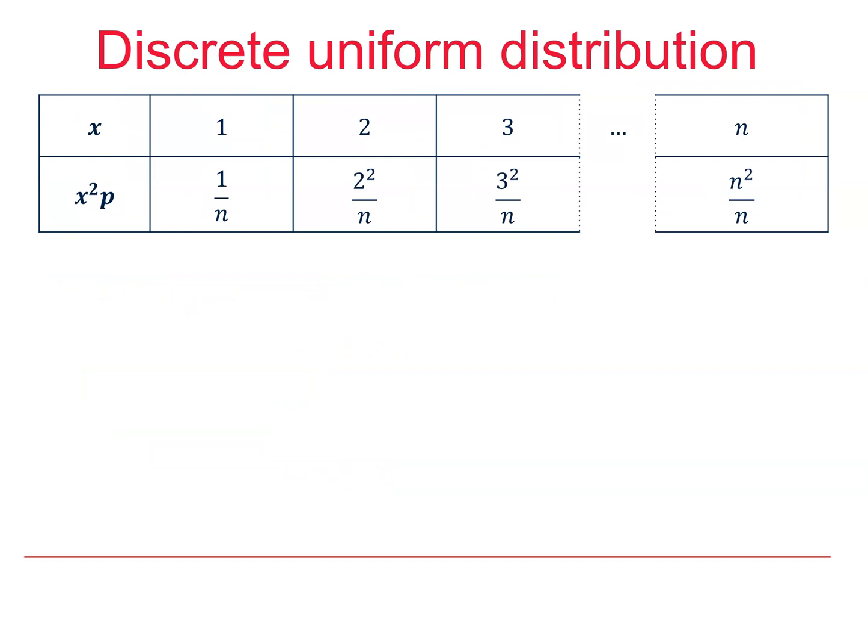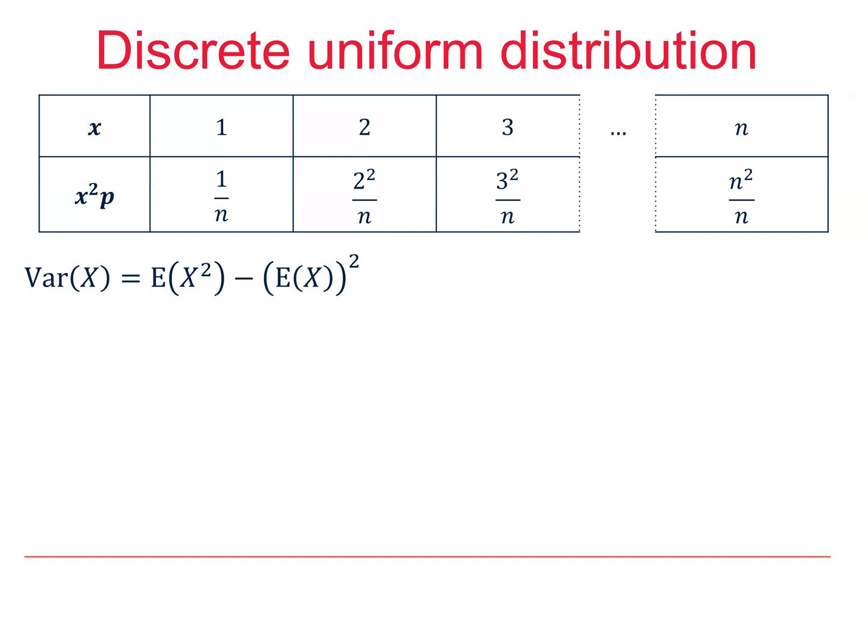Again, finding the variance is a useful exercise in summing series, so if you haven't already done so, you may want to pause the video and work through this for yourself before checking the solution. So, the variance is the expected value of x squared minus the expected value of x all squared.